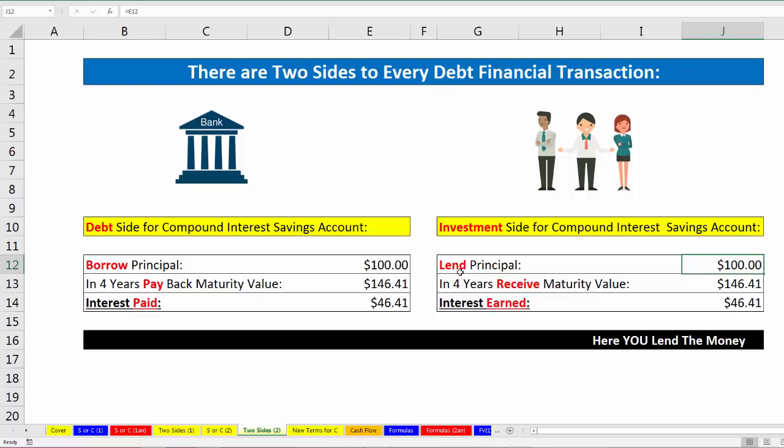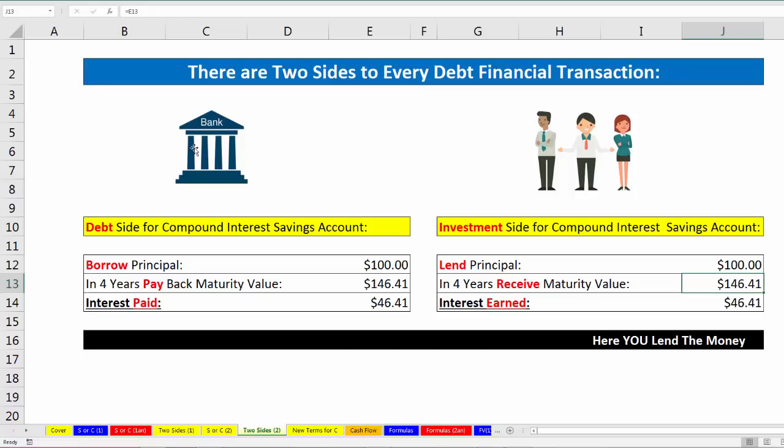But when you put the money in the bank, you're actually lending the principal to the bank. In 4 years, the account has a maturity value or a future value of $146.41. The interest earned, $46.41.